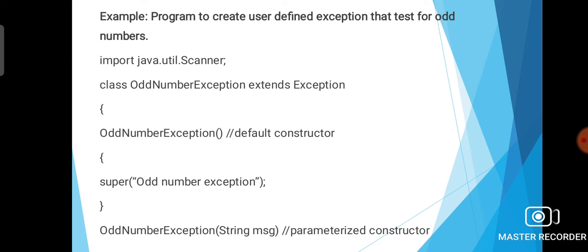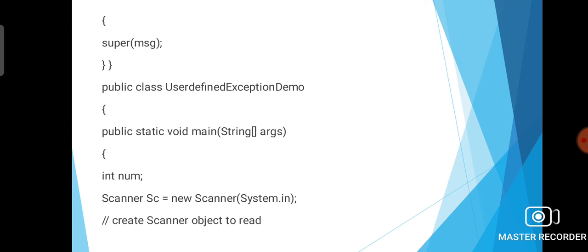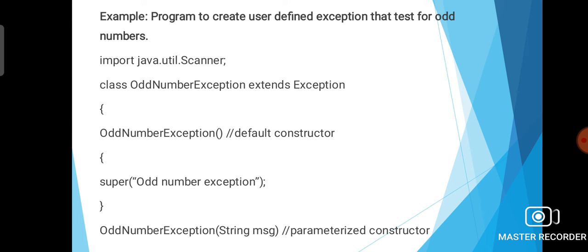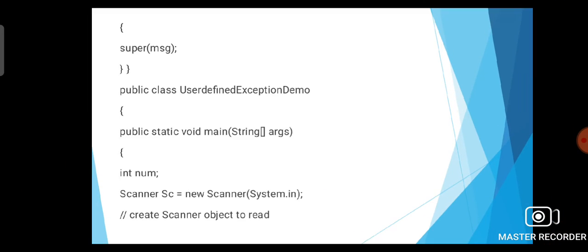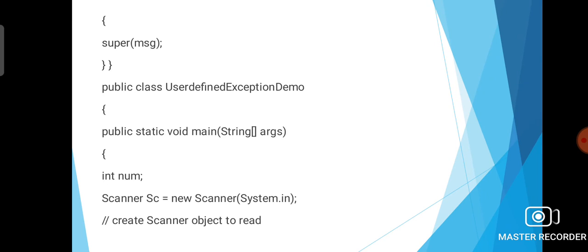Inside the super method we are providing the message, odd number exception. And then the parameterized constructor OddNumberException has a message parameter, and under the constructor we are calling the super method with the parameter message.